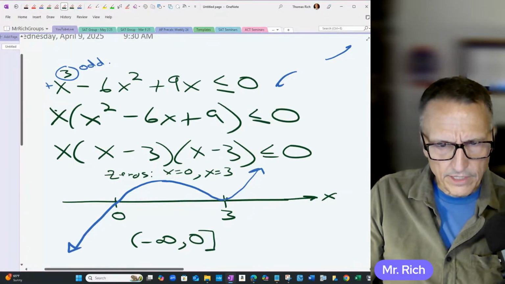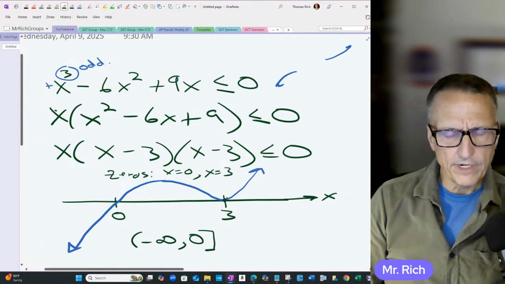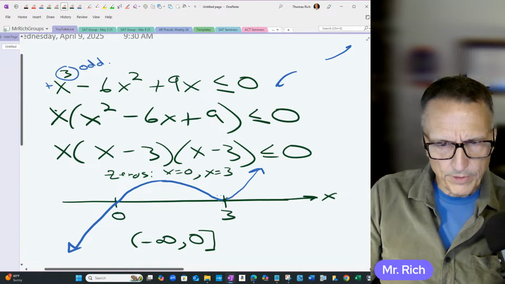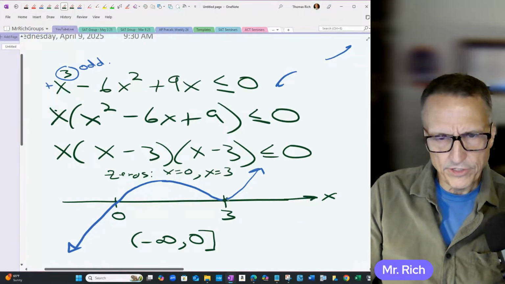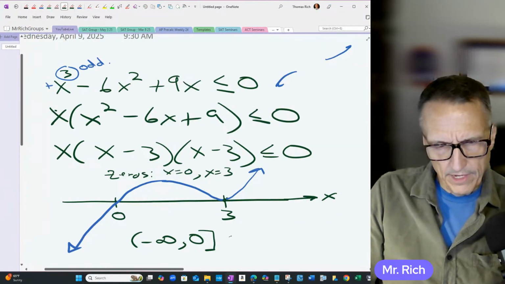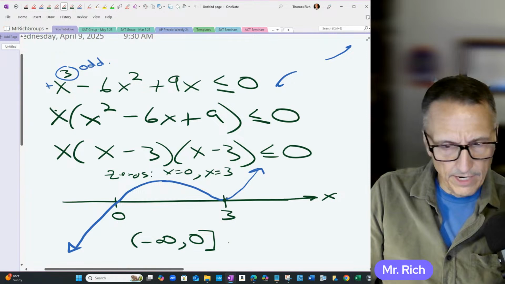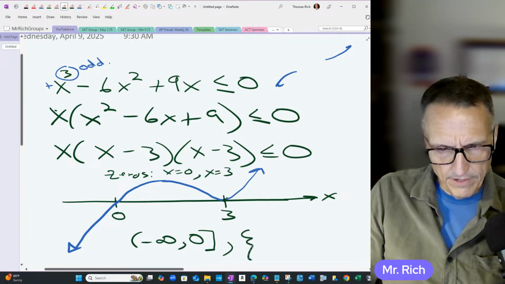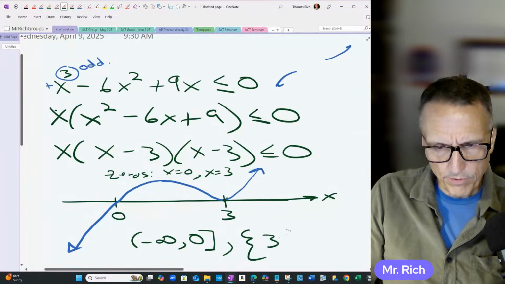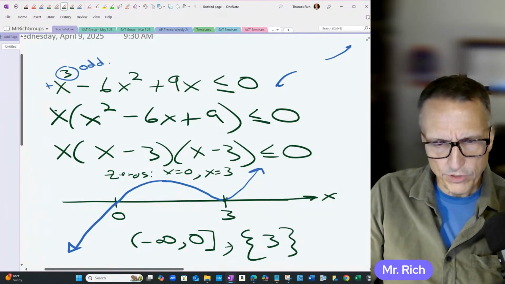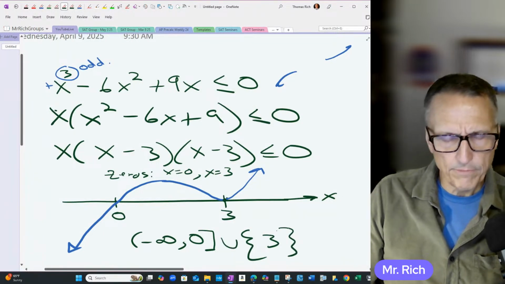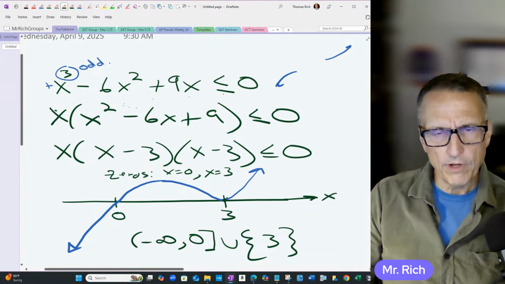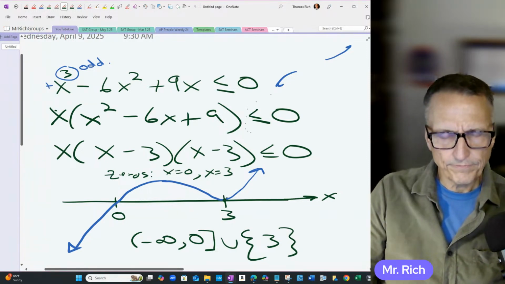But notice the inequality is also going to be true at just that value of 3, so I'm going to include that. That's not an interval, right? That's just a particular point. And in AP, you could probably just say comma, and then in set notation, put the number 3 like that, or you could put a union symbol between them. But those are all of the x values for which this inequality is going to be true.